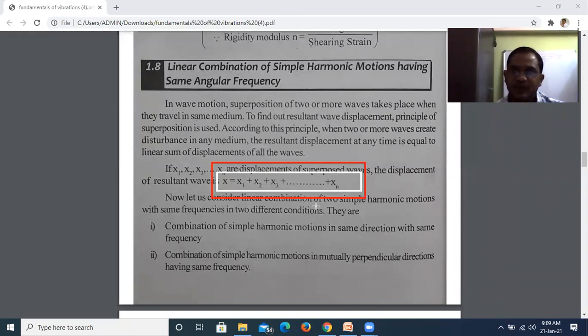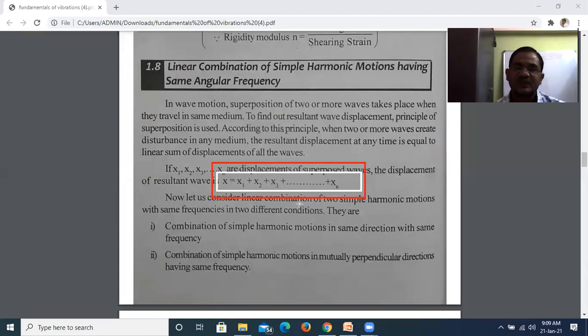When more than two waves or simple harmonic motions are superimposed with each other and their individual displacements are x1, x2, x3 and so on, xn, then the resultant displacement is the sum of their individual displacements. Mathematically, x equals x1 plus x2 plus x3 and so on, xn.